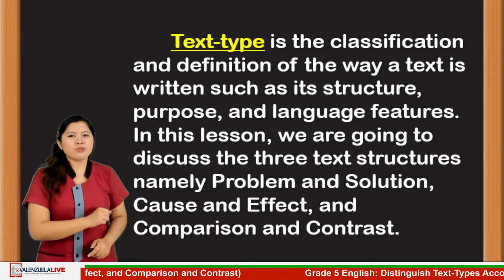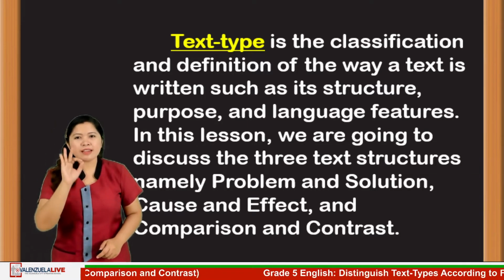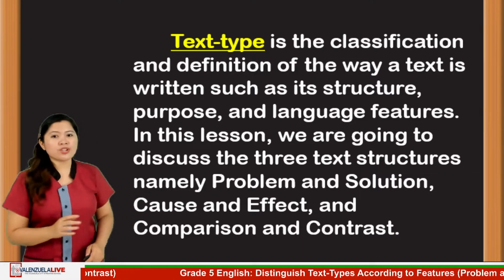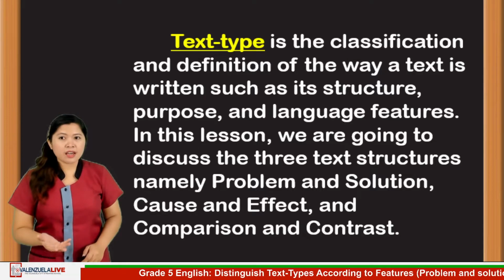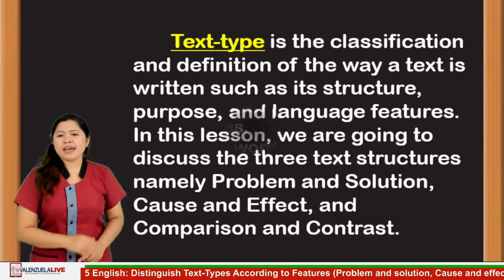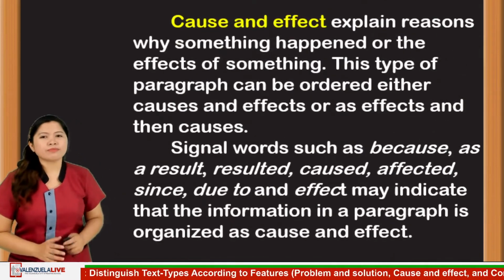In this lesson, we are going to discuss the three text structures, namely problem and solution, cause and effect, and comparison and contrast. Let us begin with cause and effect.